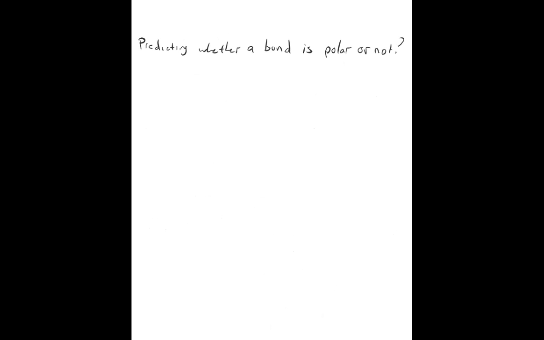How do we do that? How do we predict that? So it's called electronegativity. And there is essentially a version of the periodic table that contains electronegativity values.